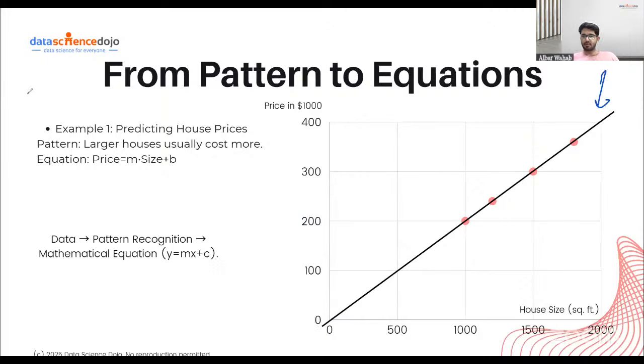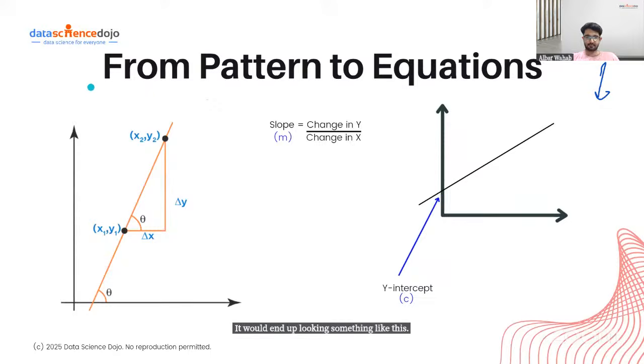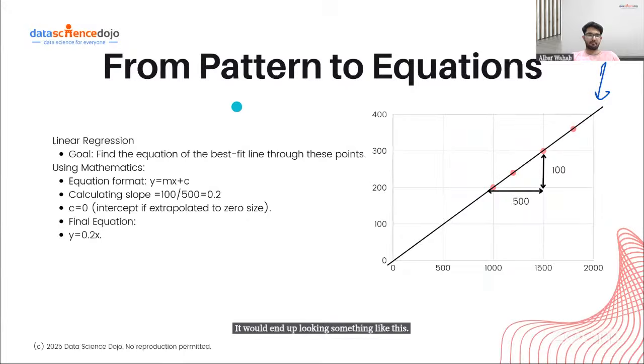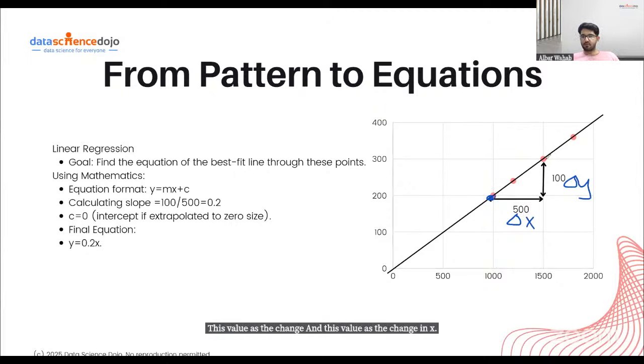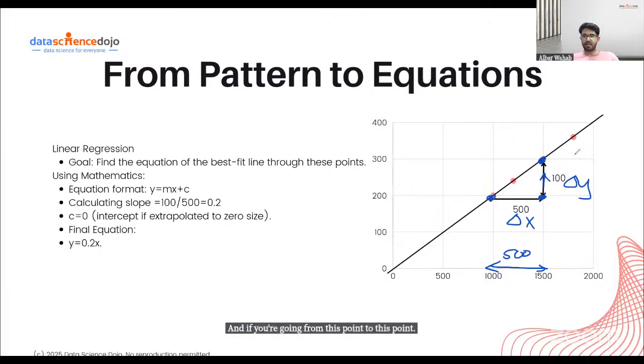So if you wanted to represent this equation, it would end up looking something like this, where you have this value as the change in y and this value as the change in x. If you're going from this point to this point, your value of x changes by 500. And if you're going from this point to this point, your value of y changes by 100.